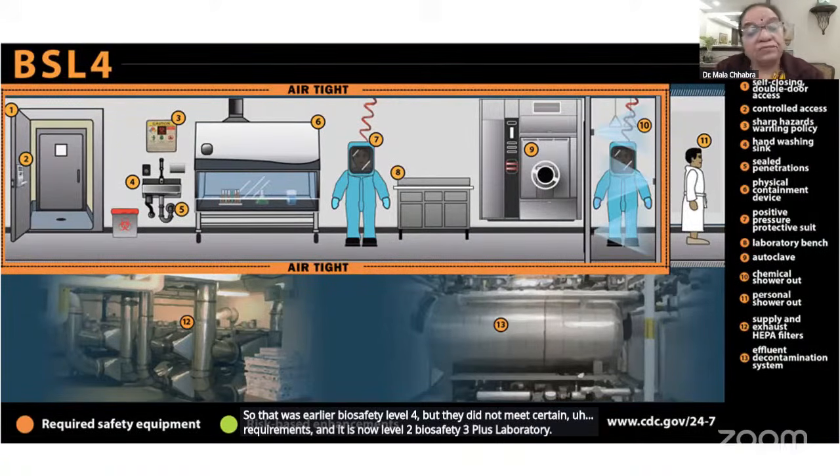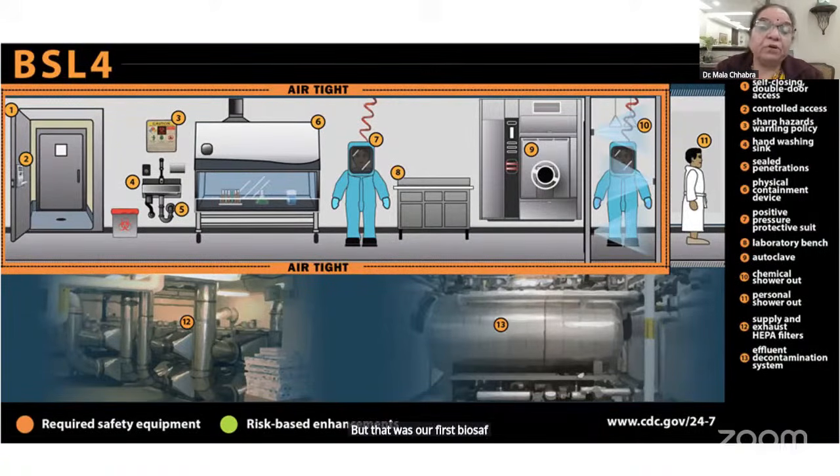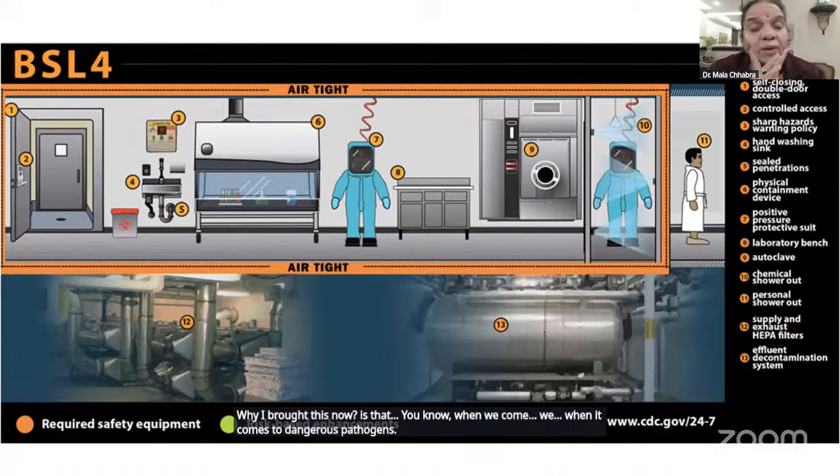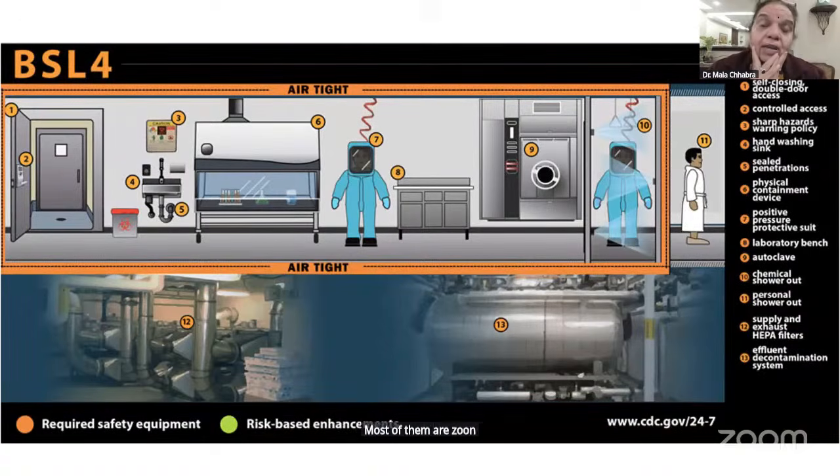But that was our first biosafety level 4 laboratory in the animal sector. Why I brought this up now is that when it comes to dangerous pathogens, most of them are zoonotic in nature. And for zoonosis, we have to work in coordination. Here I'll introduce another terminology which is commonly used: the One Health approach to diseases.